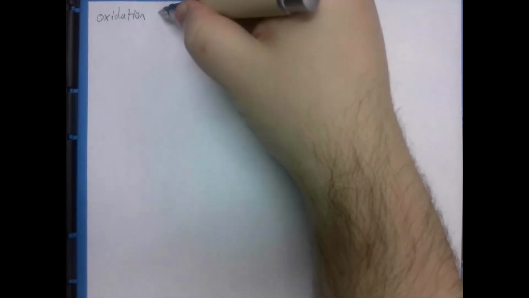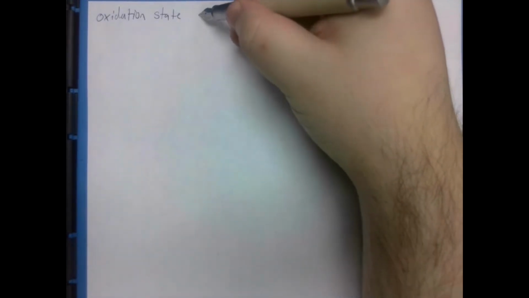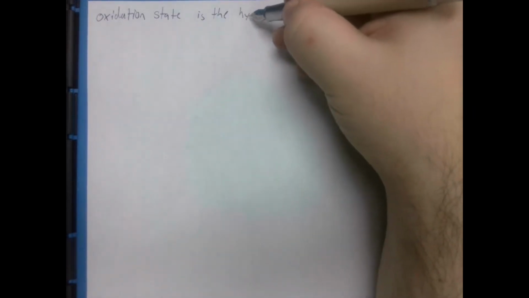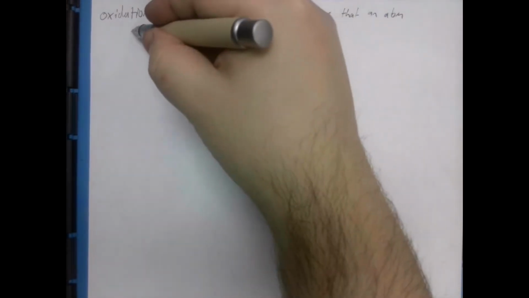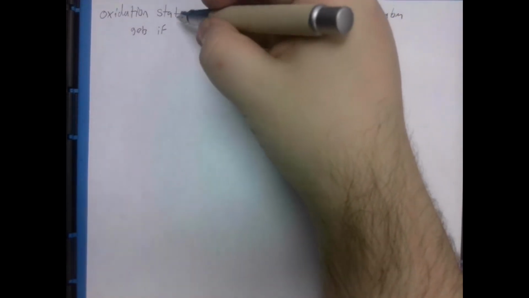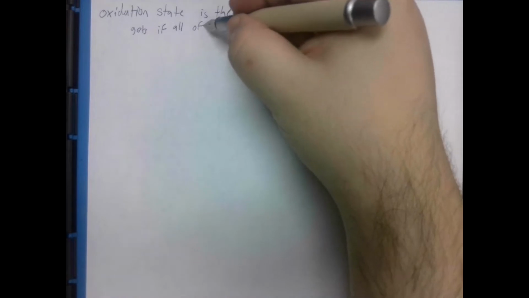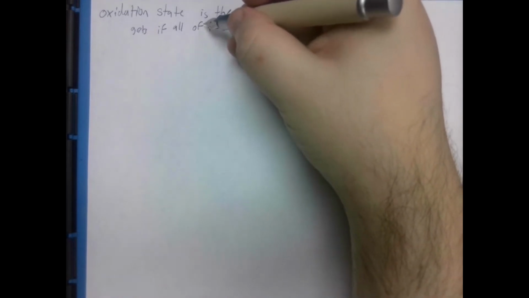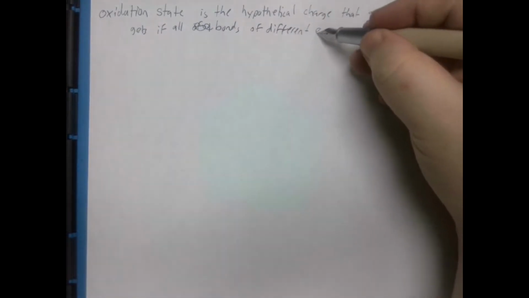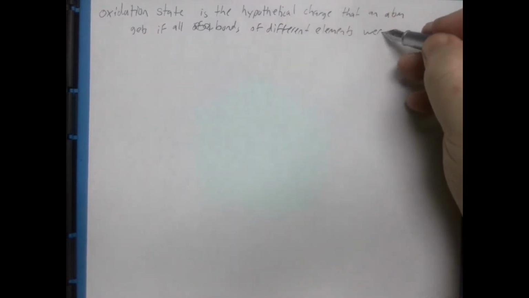Oxidation state. It is the hypothetical charge that an atom gets if all bonds of different atoms or different elements were 100% ionic.